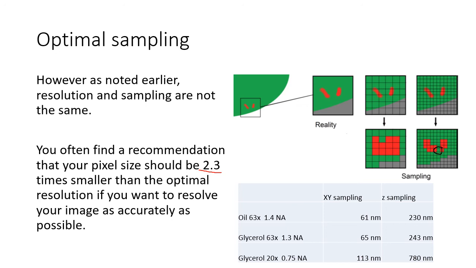If you have more than 2 pixels between the minimal distance, then you should be able to fit in 1 pixel that will remain dark, and then you can still resolve the 2 objects as separate. And if we apply this 2.3 to the numbers we computed on the previous page, we can get the optimal values for the XY sampling and the Z sampling for the different objectives.